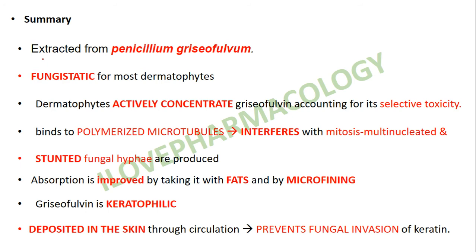Griseofulvin is mainly extracted from Penicillium griseofulvum, which was earlier used as an antibiotic. Because of its lack of antibacterial activity, less attention was paid to it, and around 1960 it was discovered to be effective in the treatment of dermatophytic infections. Remember, it is fungistatic for most dermatophytic infections.